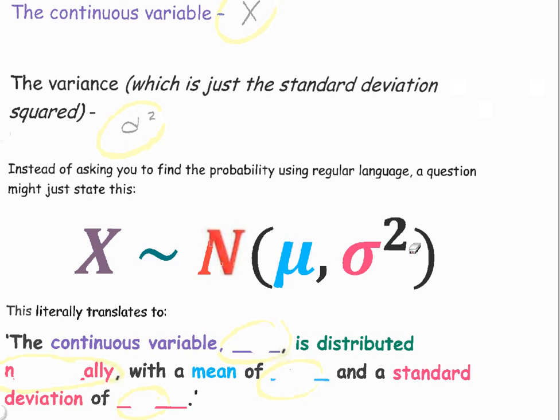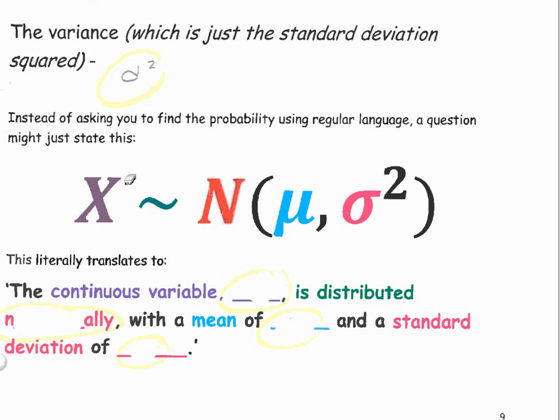This literally translates to: the purple part is the continuous variable, obviously capital X. The green part means is distributed. The big N in red means normally.